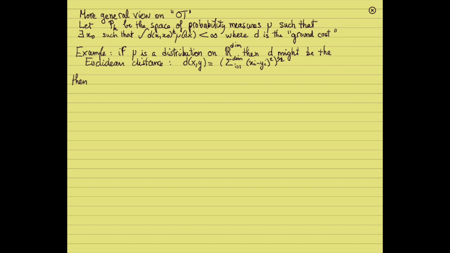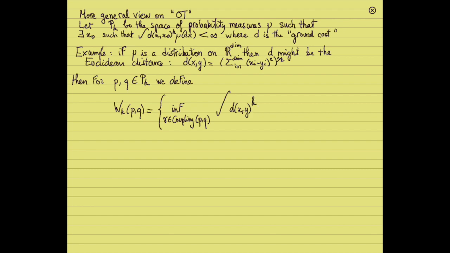So if we employ this distance, or whichever other distance on the ground space, then for two measures p and q in this space P_k, we define the so-called Wasserstein distance, or Monge-Kantorovich distance, W_k(p, q), to be the infimum over all couplings gamma of p and q of the integral of the distance between x and y to the power k, integrated with respect to the coupling gamma, and we put this whole expression to the power 1 over k.